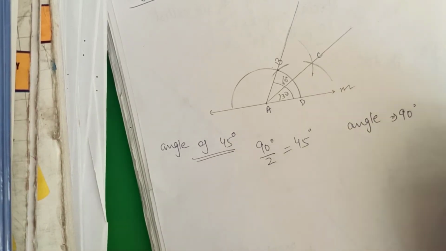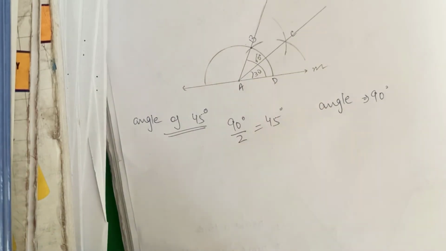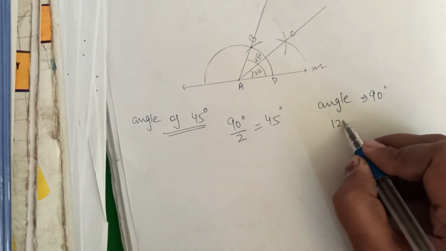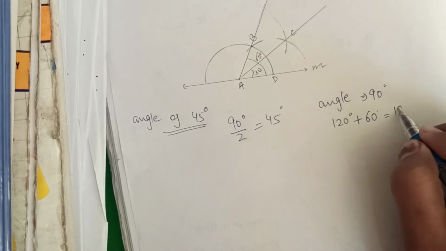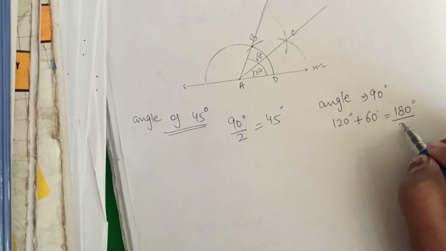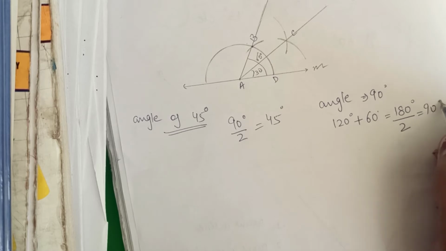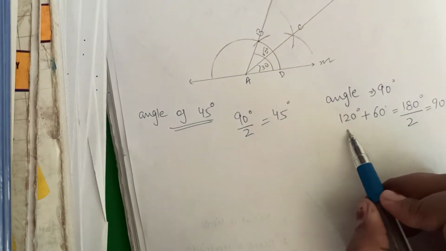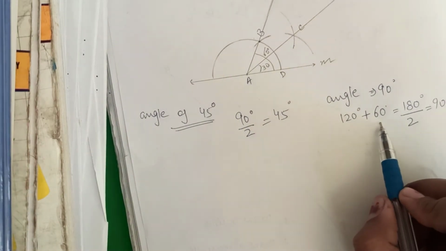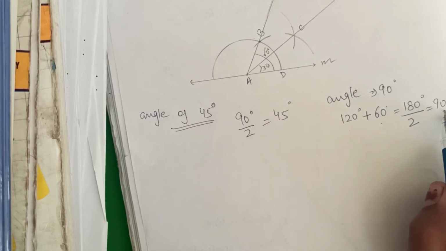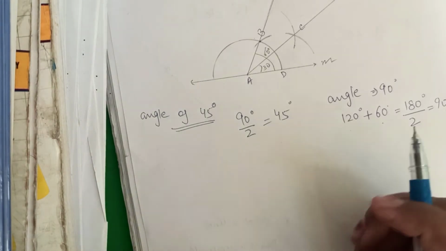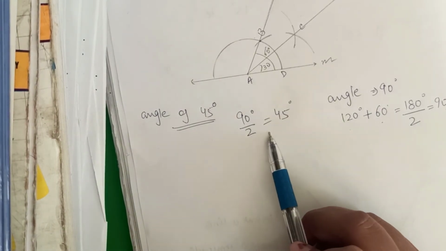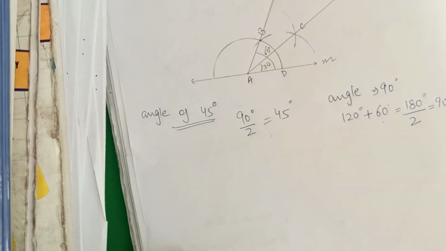And angle of 90 degree, how we will draw? Add 120 plus 60. 180. Half of 180, 90. It means firstly you have to make 120 and 60 degree angle. Then from that you will make of 90 degree. You will make of 90 degree and after half of 90 is 45.